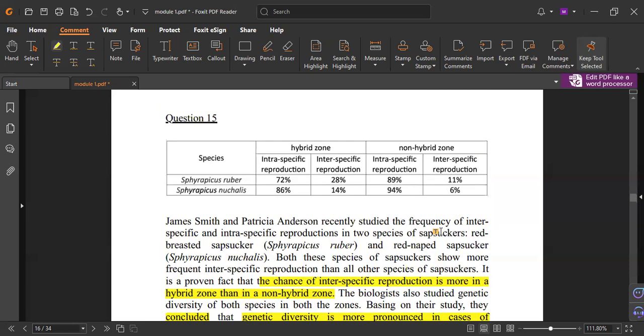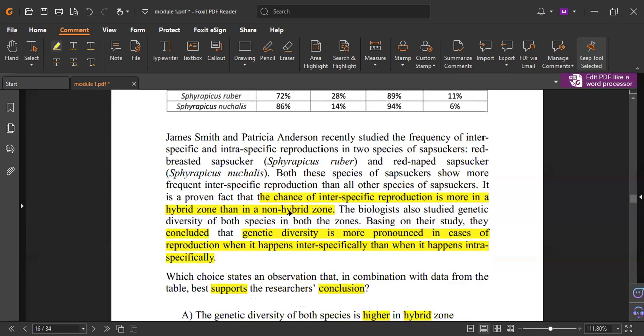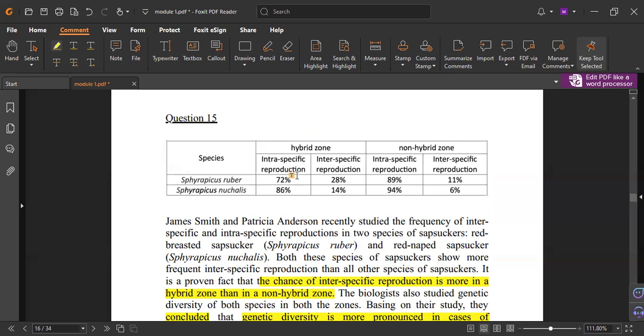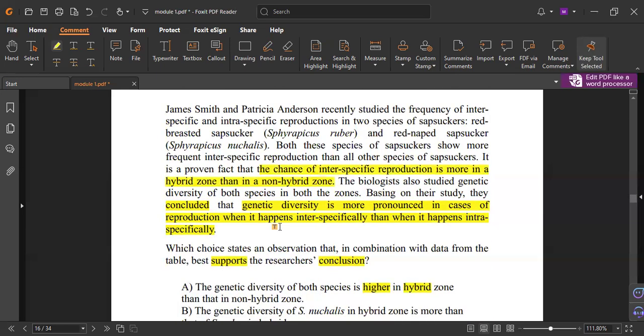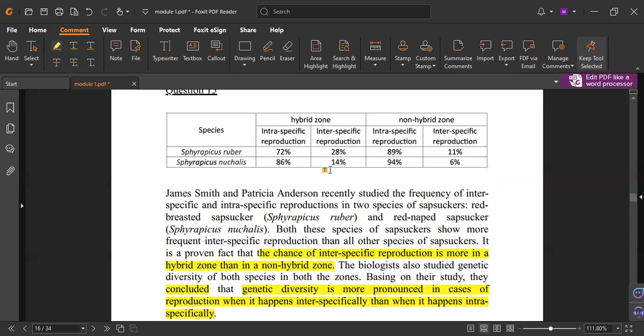this one. If you go to the table, you will find it. So I can answer from the table or from the text. He said in the question, in combination with data from the table. That means I can use the information from the table or text because both of them support it. Because the table came to support an idea. Now go to find the hybrid and the non-hybrid.